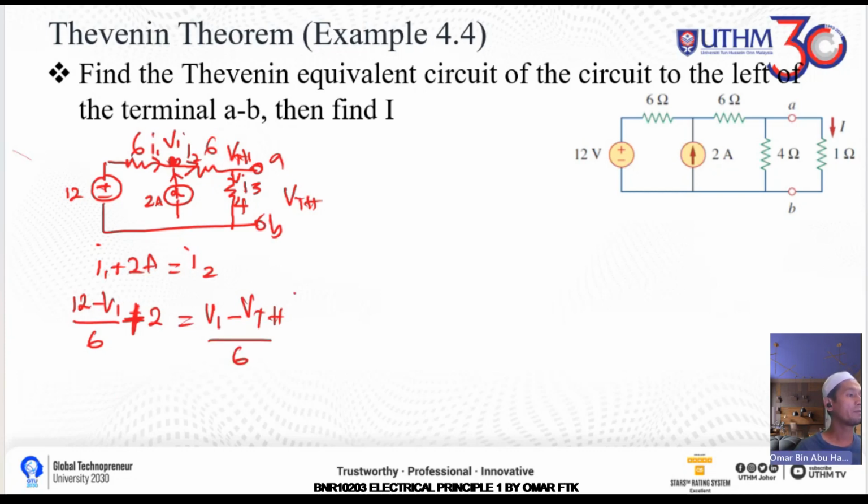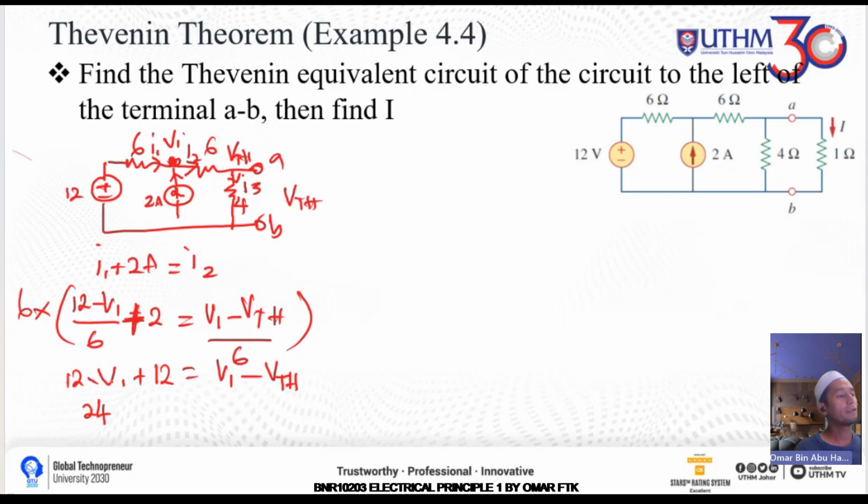From this, you can remove the 6 by multiplying by 6. So you will have 12 minus V1 plus 12 equals V1 minus VTH. 12 plus 12 is 24.